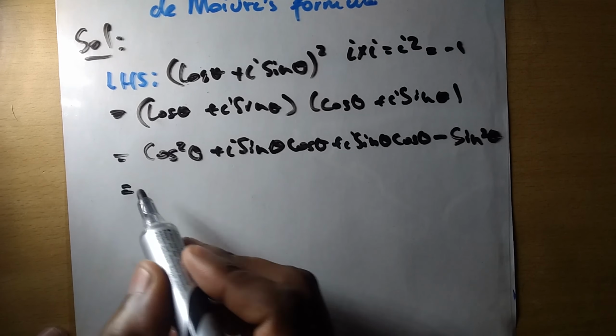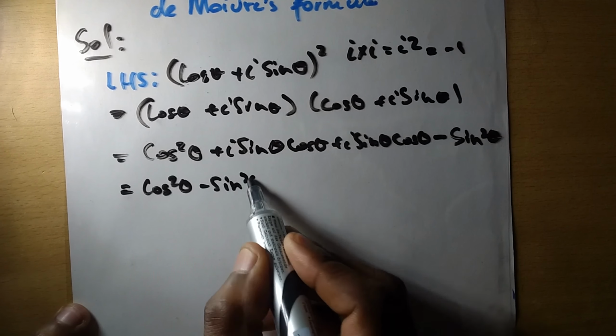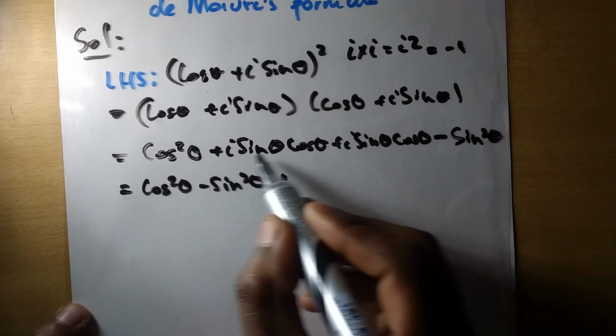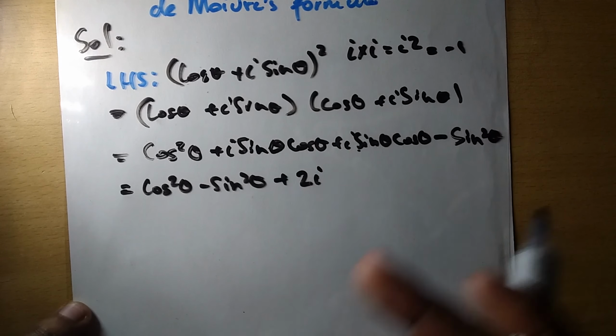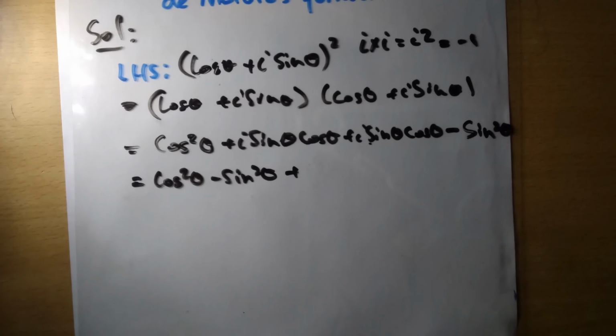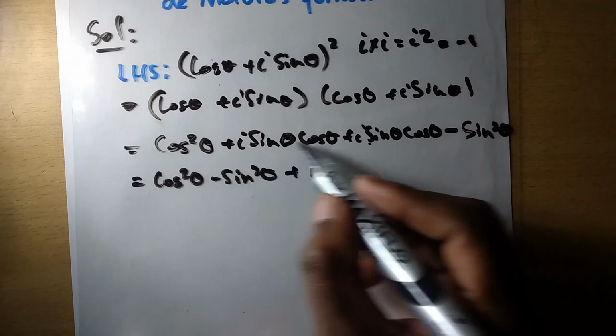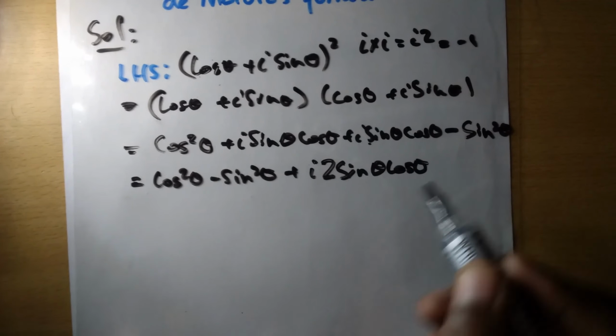Now I can rewrite this as cos squared theta minus sine squared theta, plus these two terms which become 2I. Since I is common, we take it out and it becomes 2 sine theta cos theta.